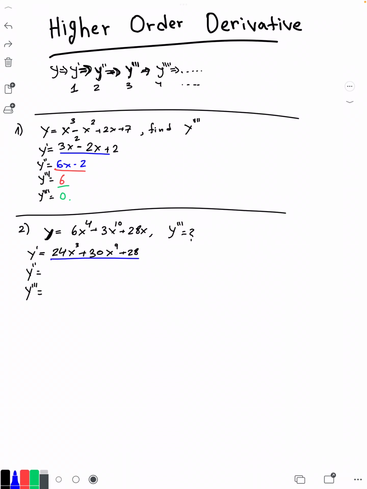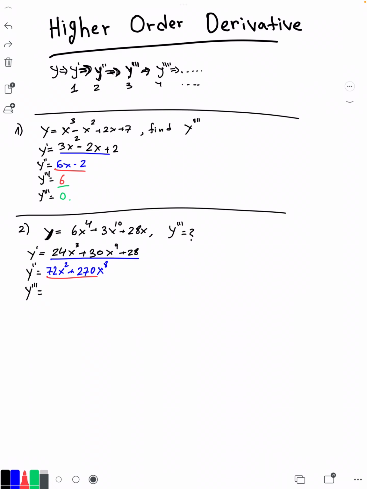Now, the second derivative will come from this one, so 24 multiplied by 3, 72x, 3 minus 1 will give us 2, so 72x to the power of 2, plus 30 multiplied by 9, 270x, 9 minus 1 will give us an 8, and 28 will disappear.